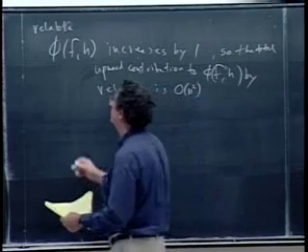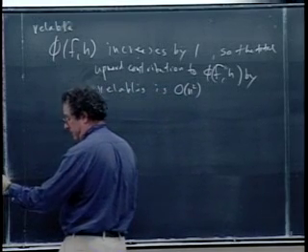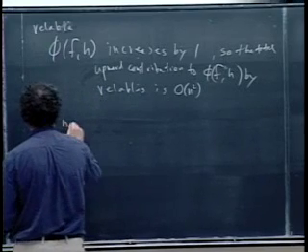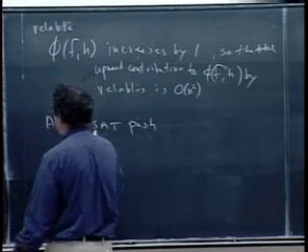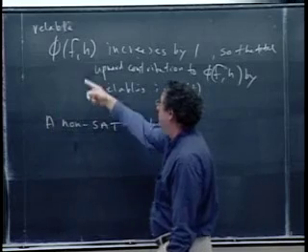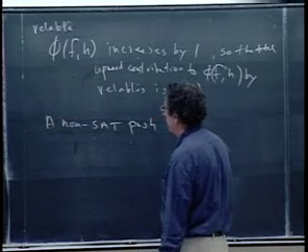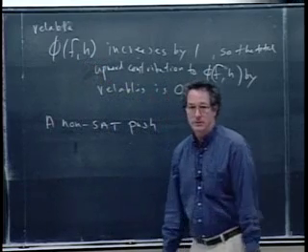Well, what happens with a non-saturating push? This is what we're ultimately trying to understand, how many there are, but it comes out in this indirect way by looking at this potential function. So what does a non-saturating push do to this function?